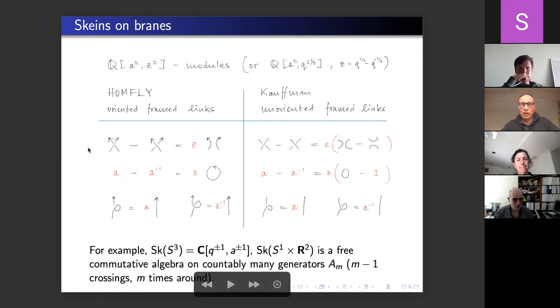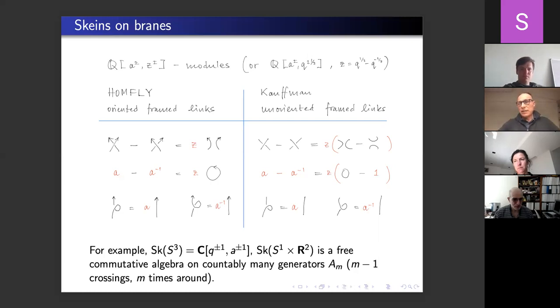We have the first skein relation, which says that an overcrossing minus an undercrossing is equal to Z times the resolution of the crossing. Then we have a normalization: the value of an unknot, a planar circle, is given by (A minus A inverse) over Z. This is normally introduced just as a normalization, but as we'll see, it is actually a direct consequence of our curve counting.